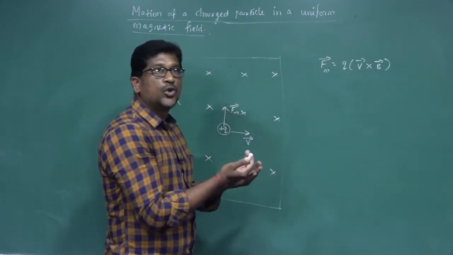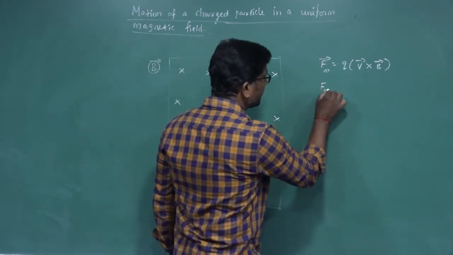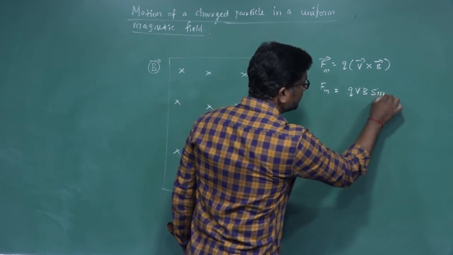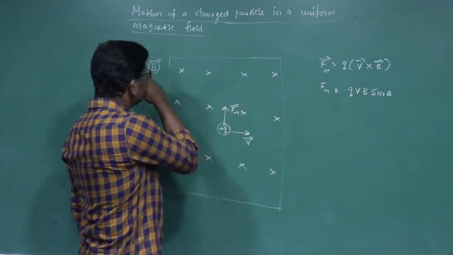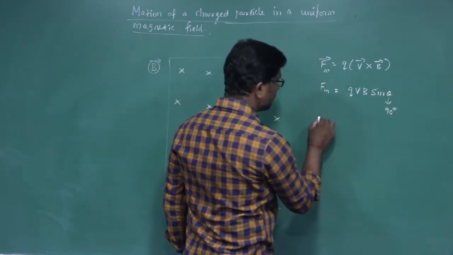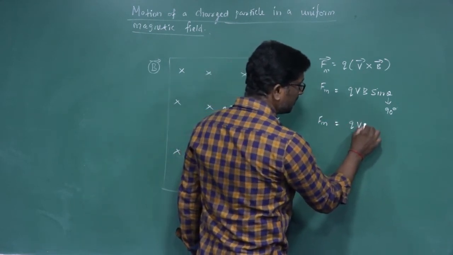And the magnitude of the magnetic force experienced by this charged particle is given by Fm is equal to QVB sin theta. Here the charged particle is moving perpendicular to this magnetic field, so theta value is 90 degrees. Therefore sin 90 is 1, then Fm is equal to QVB.